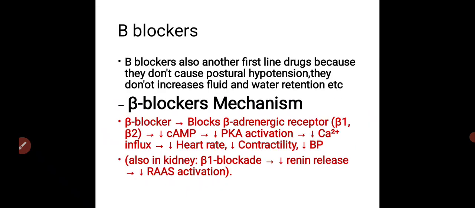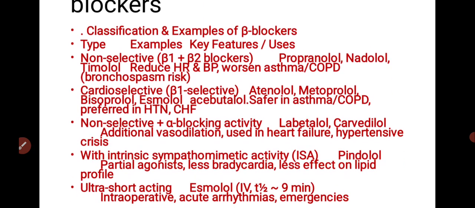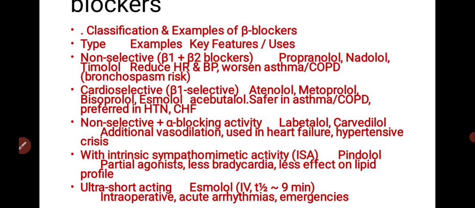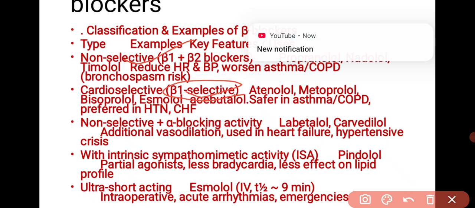Now, what are the various types of beta blockers? One is non-selective beta blockers, another is cardio-selective, only beta 1 selective beta blockers, and another is non-selective adrenergic blockers.